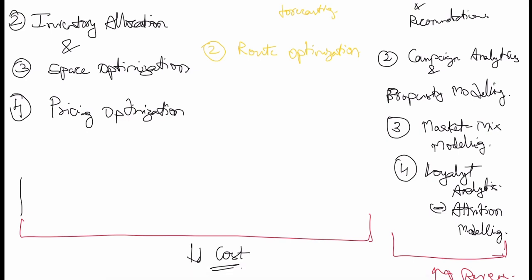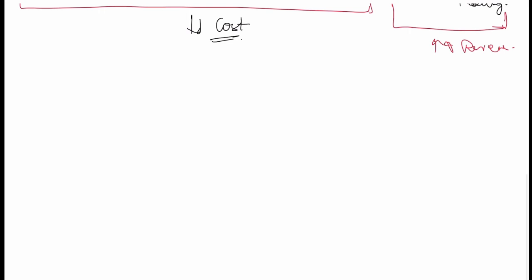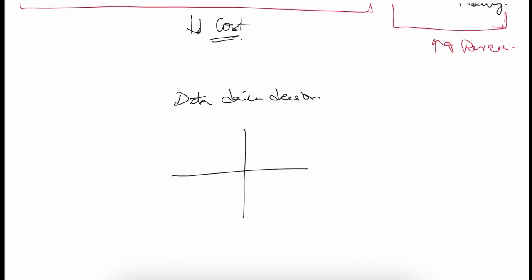Having this background, let's finally dwell into the data driven decision making piece. If you want to make data driven decisions, you need to have 4 sets of skills that we have already seen, but I'm just detailing it out very clearly.